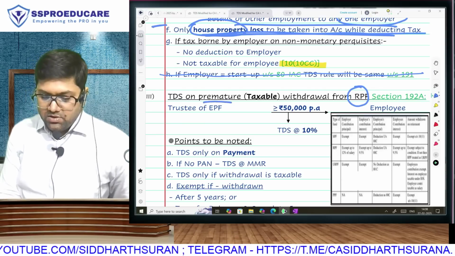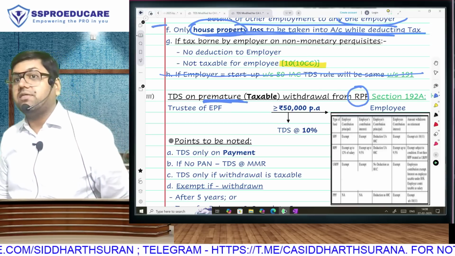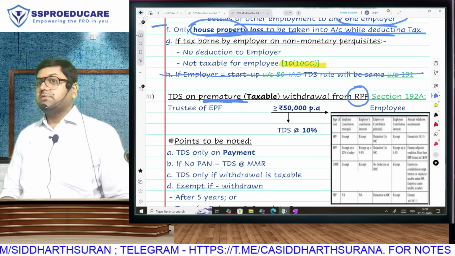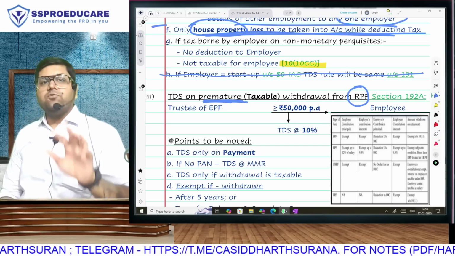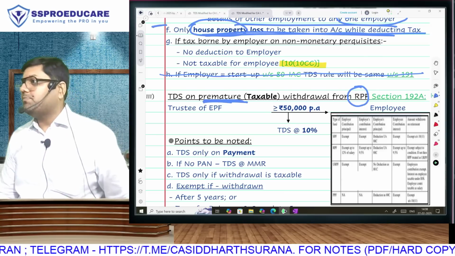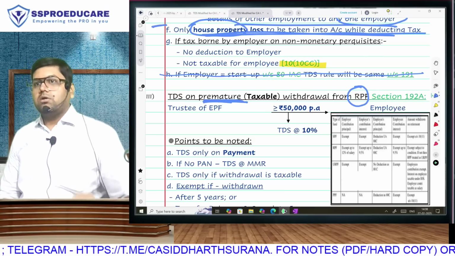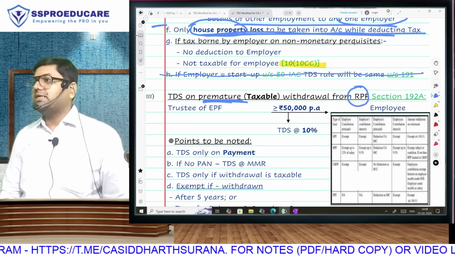If we withdraw premature. Do you remember that RPF maturity is exempt only if you complete 5 years at one employer, or transfer balance from employer to employer, or any other genuine reason, or employer business ceases to exist.